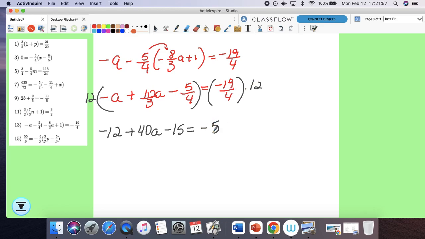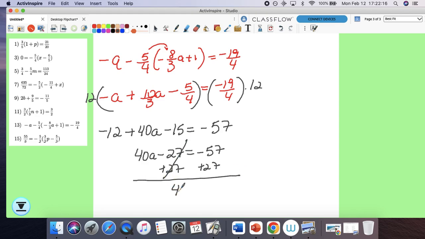And then again, negative 57. Negative 12 and negative 15 is indeed negative 27 minus 57. We're going to add 27 to this side, plus 27 to this side. 40a equals negative 30. We're going to divide both sides by 40. A equals negative 3/4. Get the same answer again.